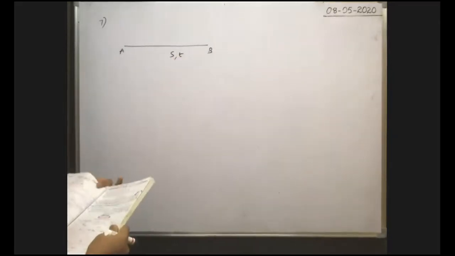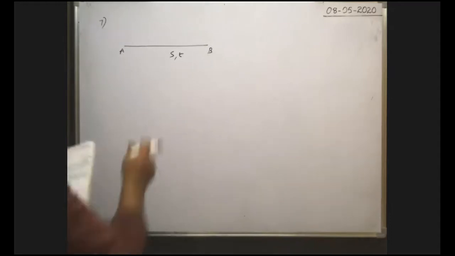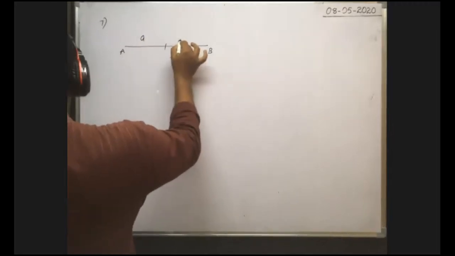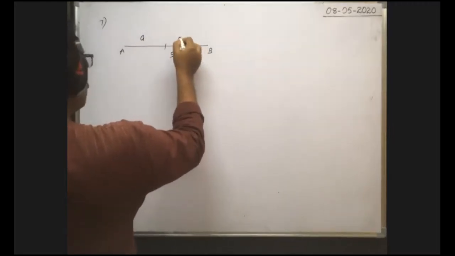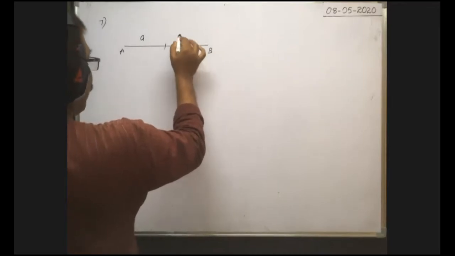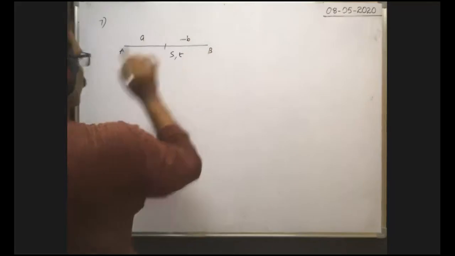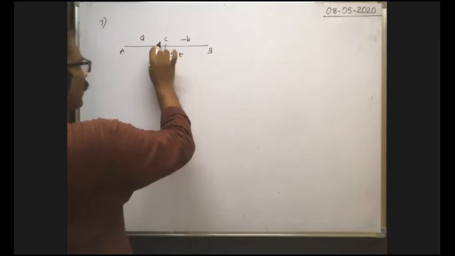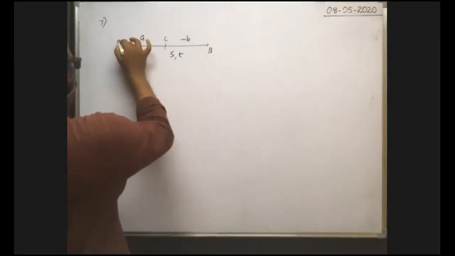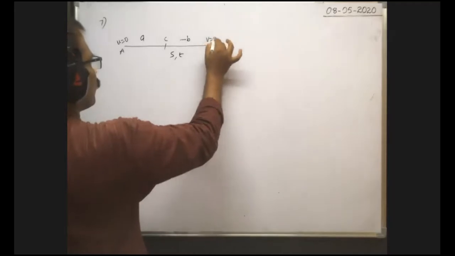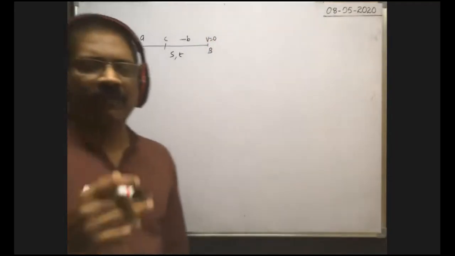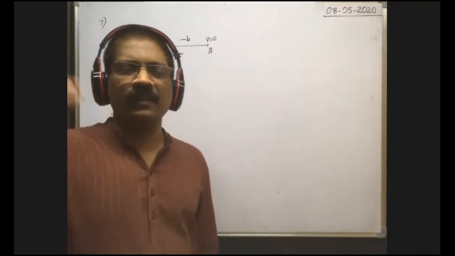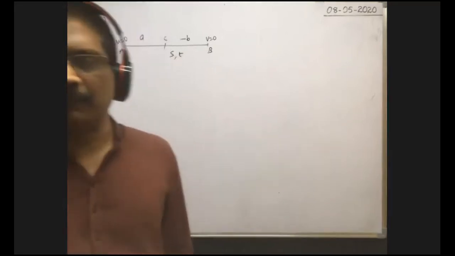Here, the train travels first with certain acceleration a, and then with the deceleration b. Retardation means deceleration. Retardation or deceleration is b means minus b, no? So here the train travels for certain time with an acceleration a and then deceleration b and finally comes to rest. Initially it starts from rest, finally it comes to rest. Because when the train travels from one station to another station, definitely from one station it starts and it reaches the other station and comes to rest. Okay.